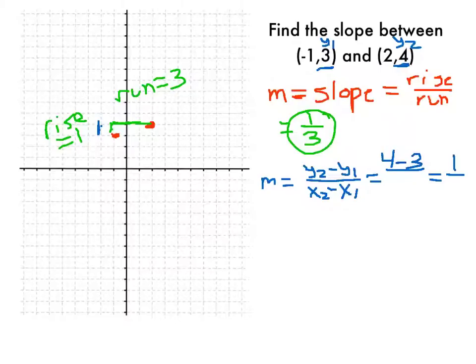Same thing with my run here, and let me erase some of this. My rise, we already determined that this is going up 1. My run is just the difference between my x coordinates. So I'm going over 1, 2, 3. I started at -1, so that's my x1, and I'm going to my second coordinate and having my x2 be 2.